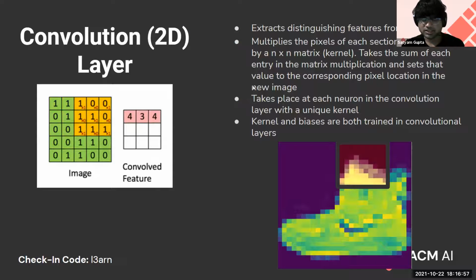So let's see what this convolution layer is doing, because that's probably the most important thing. Right now, as you can see, the yellow thing that's moving around is called a kernel, and it's moving with, I think, a stride of one.